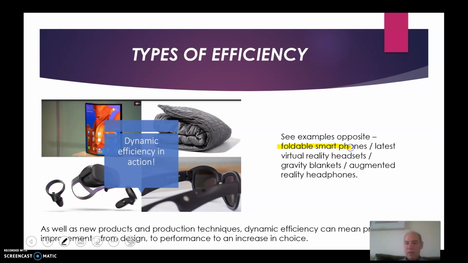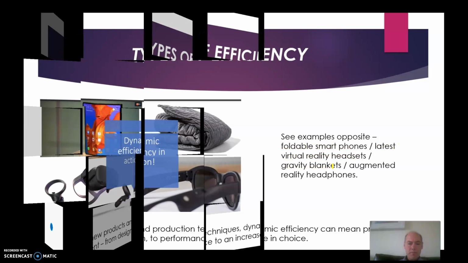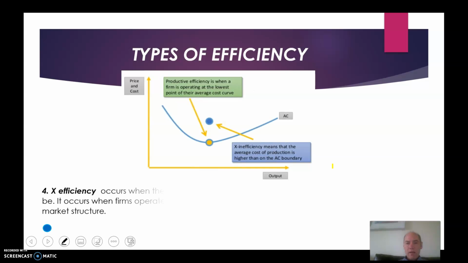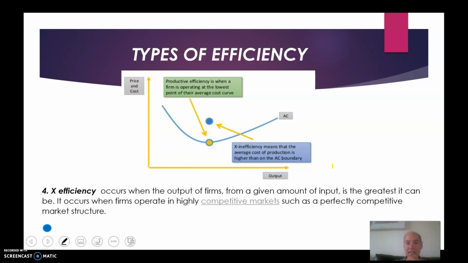In the real world, look at these examples. You've got to be able to quote your own examples, but the foldable smartphones, the latest virtual reality headsets, and so on.